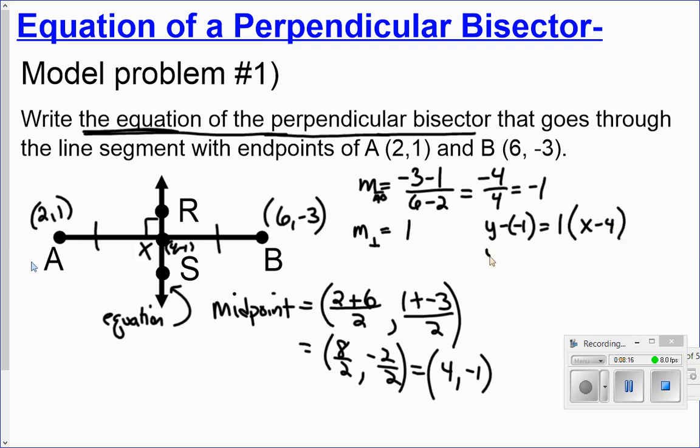So when I simplify that, I'm getting y plus 1 equals 1 times the quantity x minus 4, which is just x minus 4. Solving for y, I'll subtract 1 from each side, so y equals x minus 5 is our equation for the perpendicular bisector. So it's the equation for line RS.